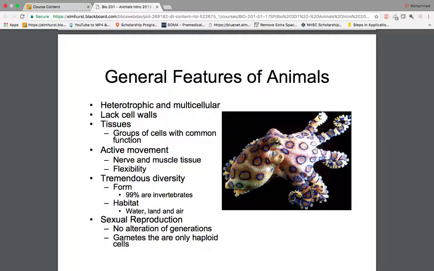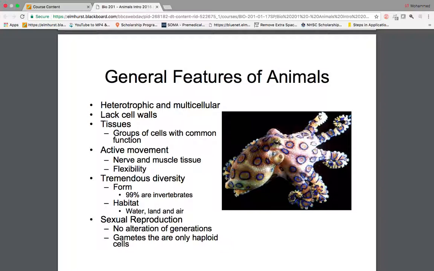All animals are multicellular. They are groups of cells together functioning in a coherent system. So they're heterotrophic and multicellular. None of them have cell walls. That's something that only plants have, and only fungi and a bunch of assorted protists have cell walls as well.